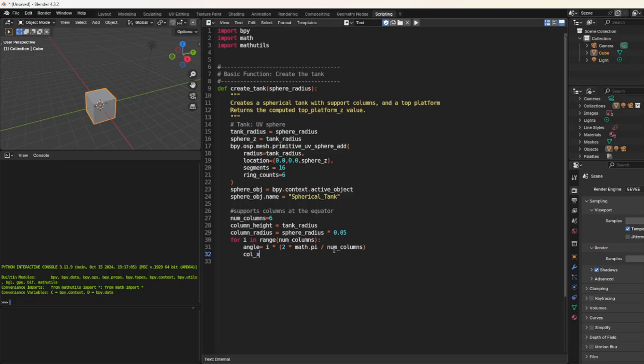So the x coordinate for the column is tank radius times math cosine angle. We use the math function to use the cosine. Okay, then tank radius times math sine angle.